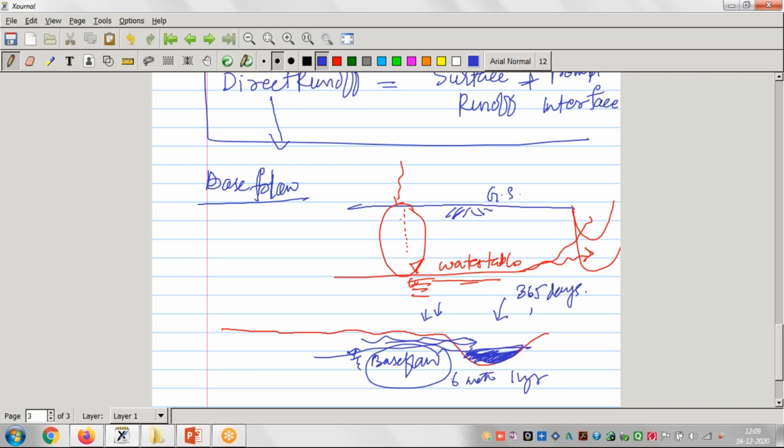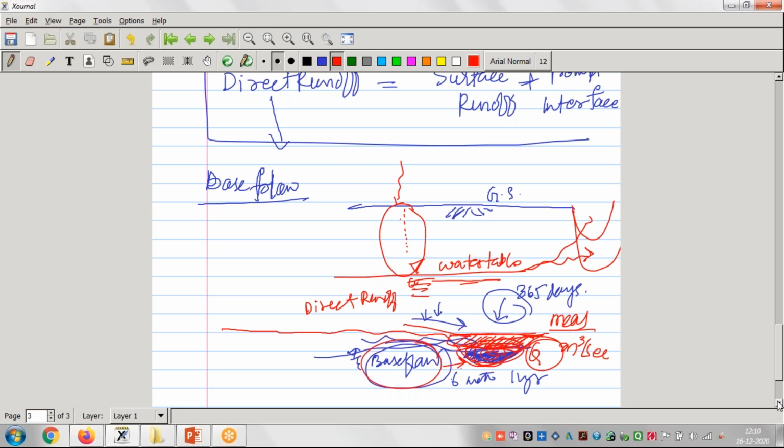So because of this base flow, there is already some water in the river, and then the direct runoff also plays an important role to fill this river. This quantity of water is because of direct runoff, and this quantity of water, this blue color, is because of base flow. So when anybody measures the discharge here, discharge means Q, obviously this base flow is already present.